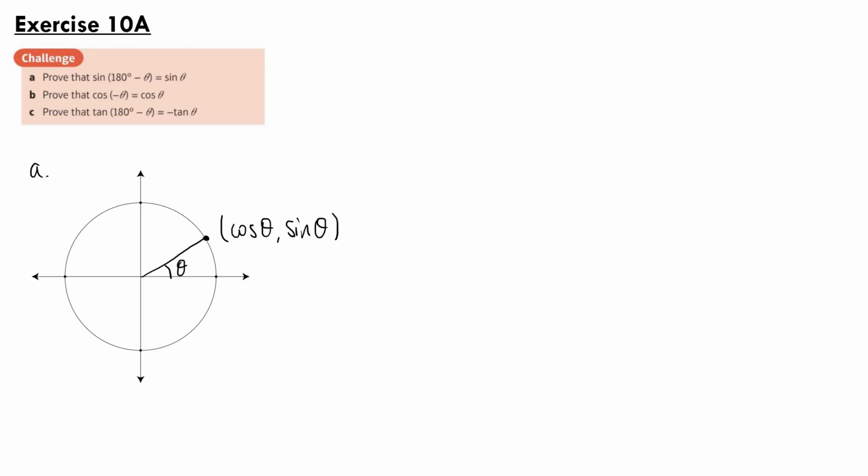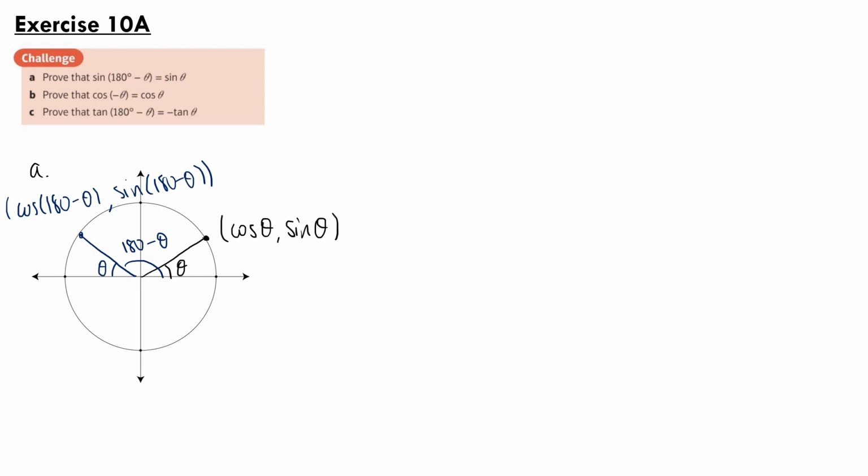And if we look at where 180 minus theta would be on this unit circle, it would be here, where this angle is also theta, so that this whole angle here is equal to 180 minus theta. And the same as before, we can say that this point has coordinates cos of 180 minus theta, sine of 180 minus theta.